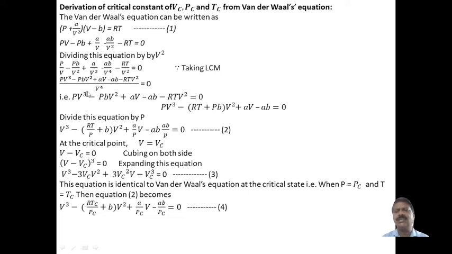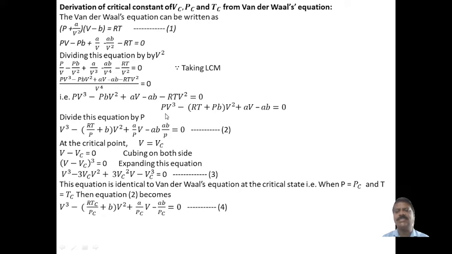Then take cross multiplication: V⁴ times 0 becomes 0. Therefore the numerator equals 0: PV³ - PbV² + aV - ab - RTV² = 0.